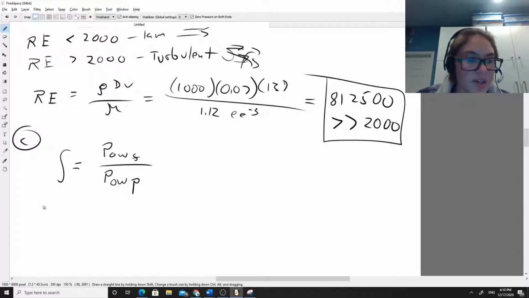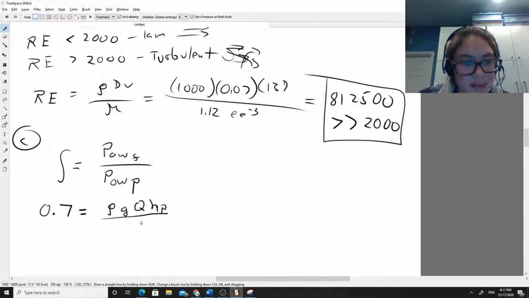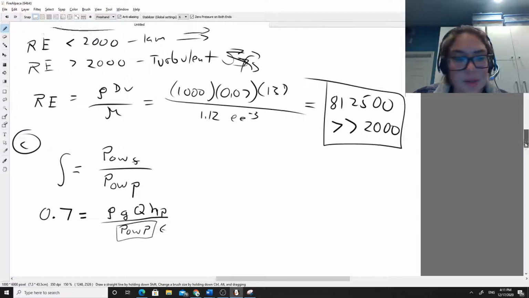So if our efficiency is 70% or 0.7, and the power of the fluid can be represented by the equation rho g q h p, as in the head of the pump, divided by the power it takes to run the pump, which is what we're actually trying to find, we can find this variable fairly quickly here. All we have to do is plug our numbers in once again.